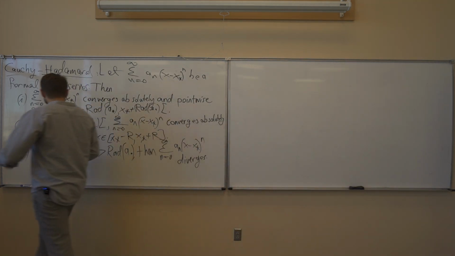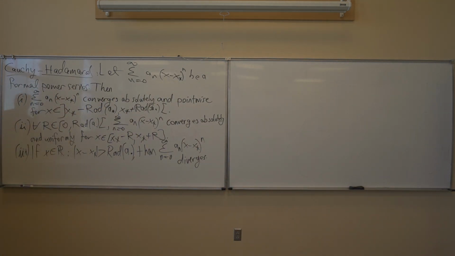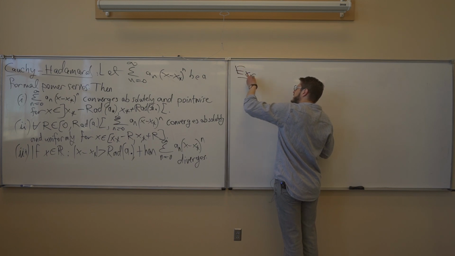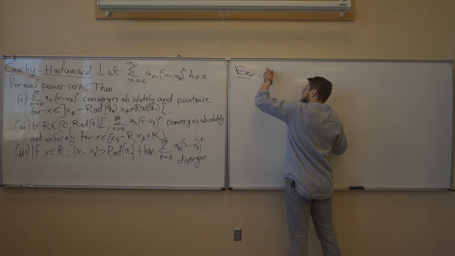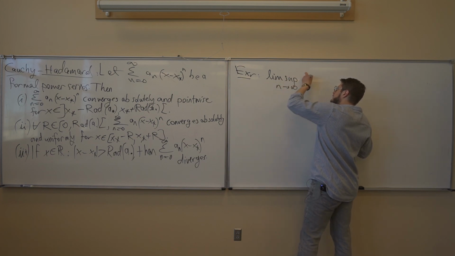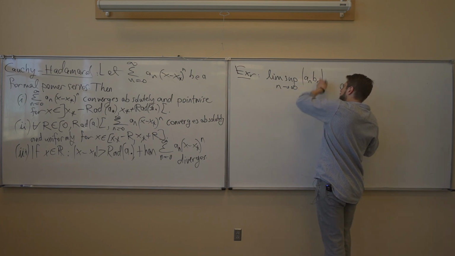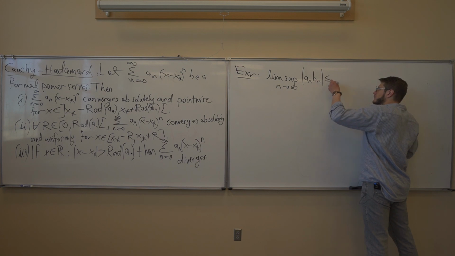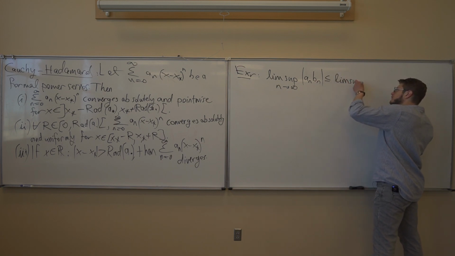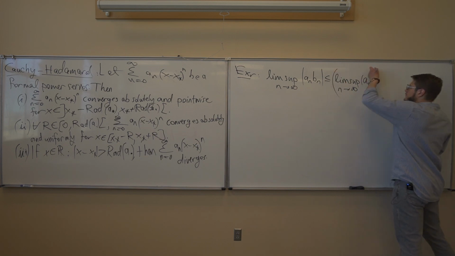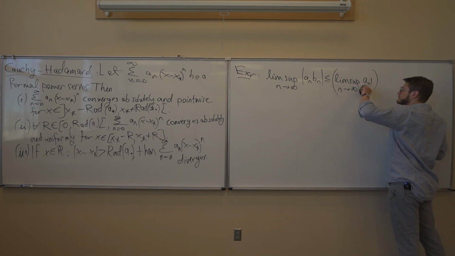And the limit law that I'm going to give as an exercise has to do with the limsup of the product of two sequences. This is, again, a very nice exercise that I'm going to leave to you. This guy is less than or equal to the product of limsups. That's supposed to be an absolute value.